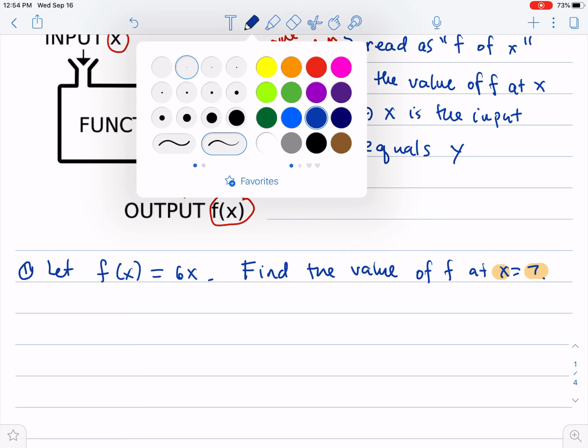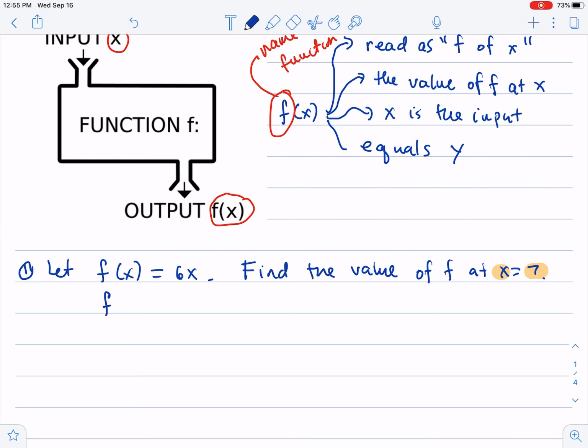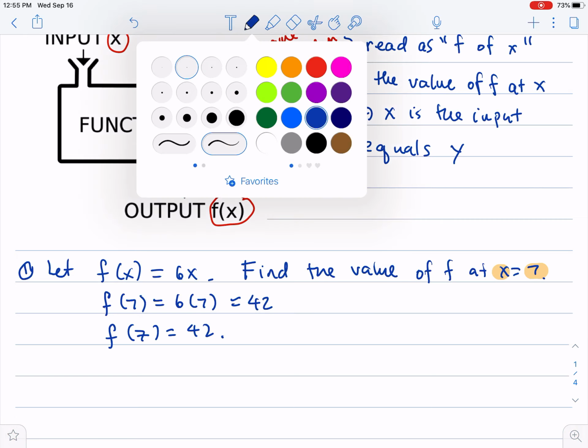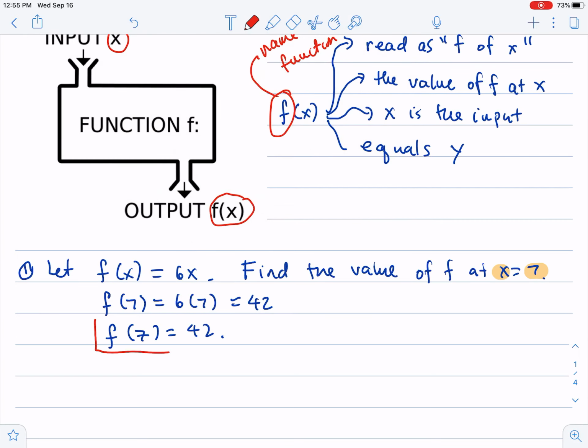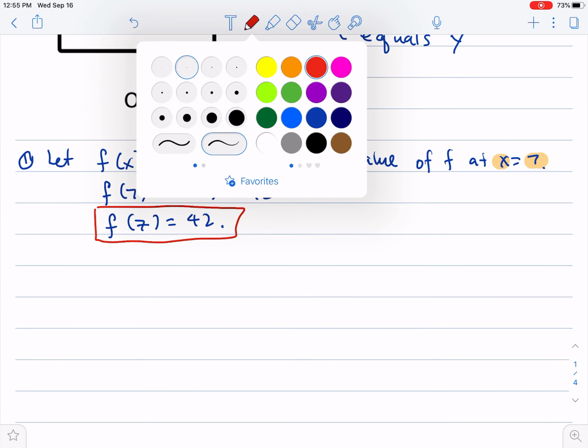No? This means that f of 7 is equal to 6 times 7. Ang 6x, di ba? Ibig sabihin yan, 6 times x. So, 6 times 7 is 42, which means that f of 7 is equal to 42. Okay? Let's have another example.